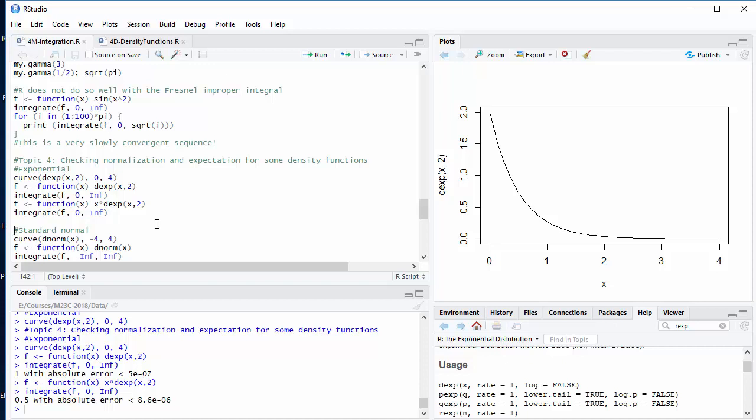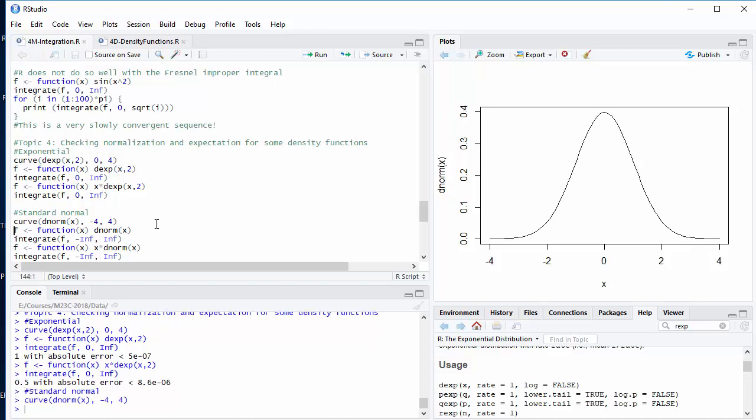We can do the same thing with the standard normal distribution. If I ask for dnorm of x with no additional parameters, that's asking for a normal distribution with an expectation of 0 and a variance of 1. Here's a plot of that function from -4 to 4.